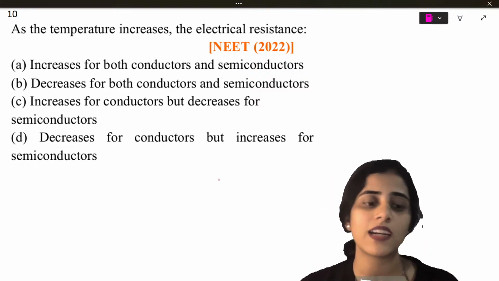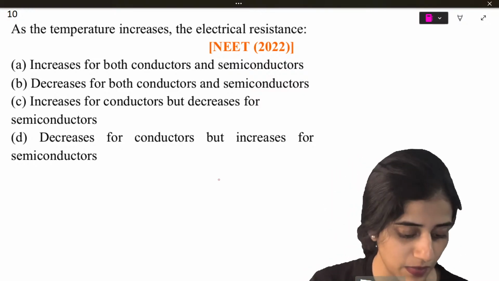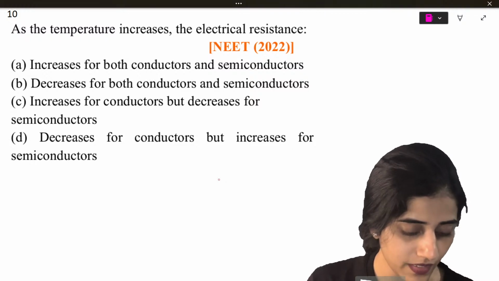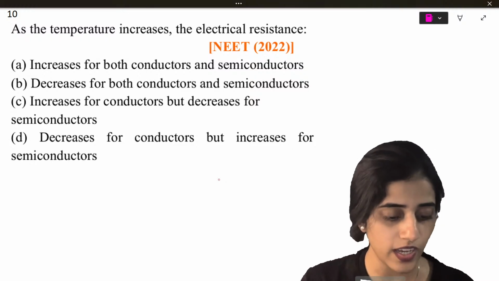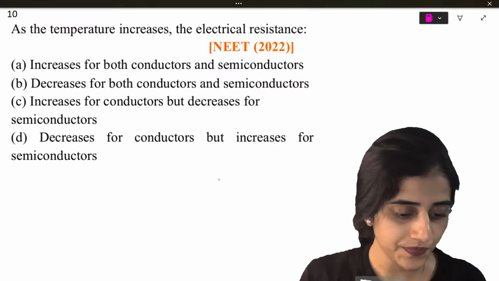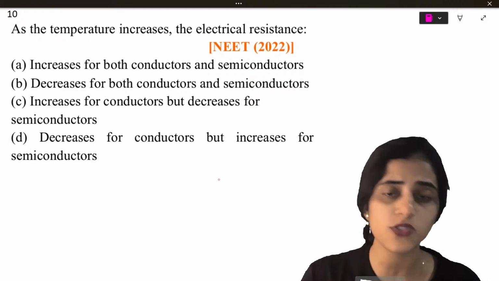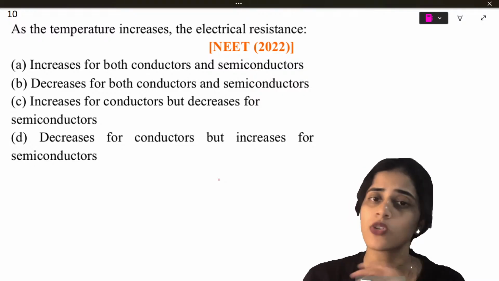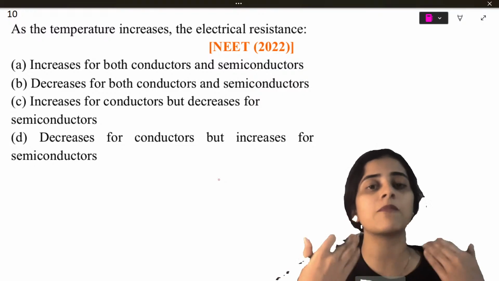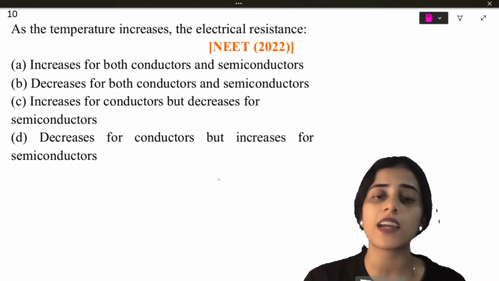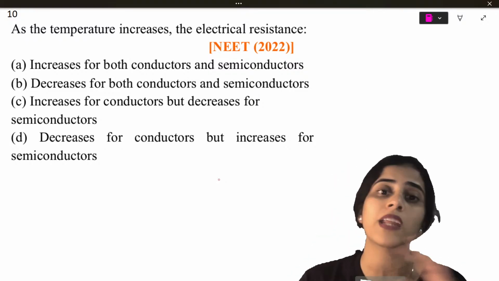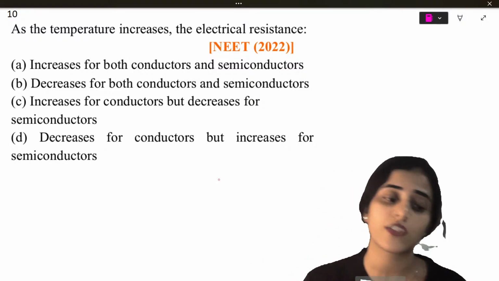But what about semiconductors? What happens in semiconductors? It is different. See, at very low temperature, the semiconductors do not have any free charge carriers. So it does not conduct. But as temperature increases, the semiconductors have more energy to break bonds and form holes and electrons.